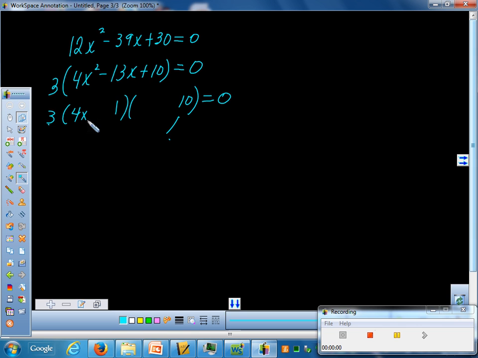So if I go 4 and 1, let's ditch the 10 as well. Now, you want to stay with 10 and 1? You want to try 2 and 5? Which way do you want to go now? 2 and 5? So that would be 2 and 5. That would give me a 2x in the middle and a 20x with the outsides. Switch the 2 and the 5.